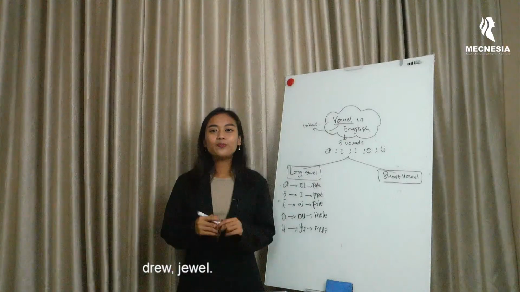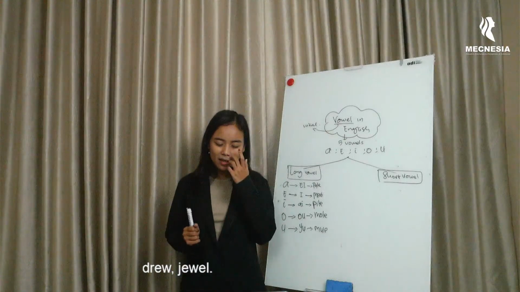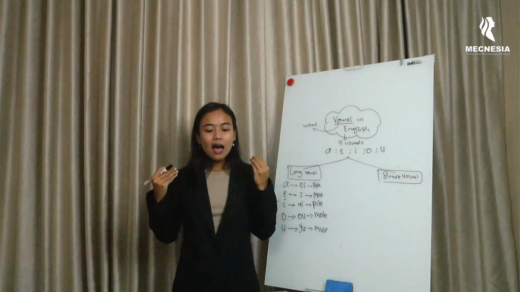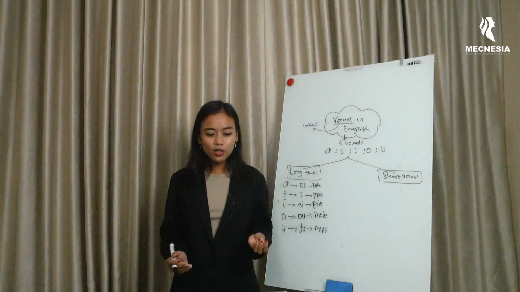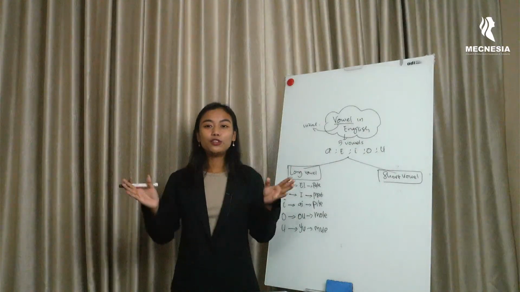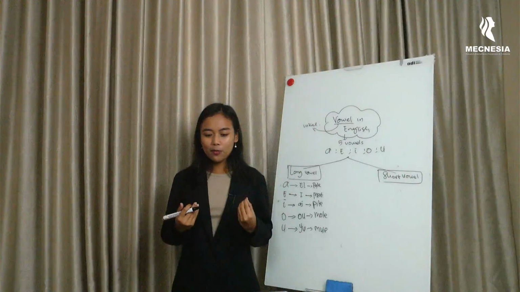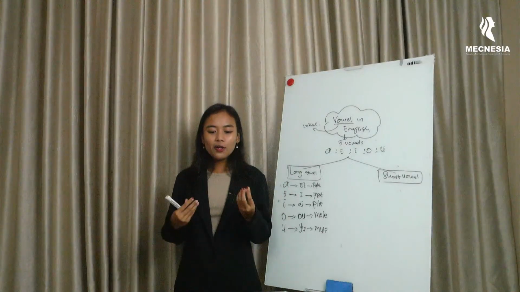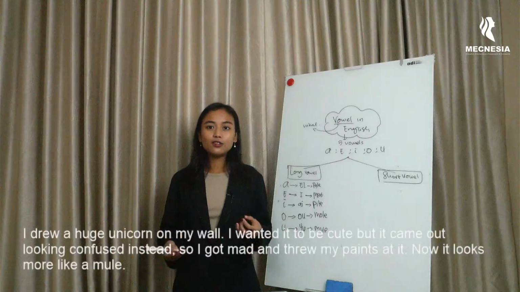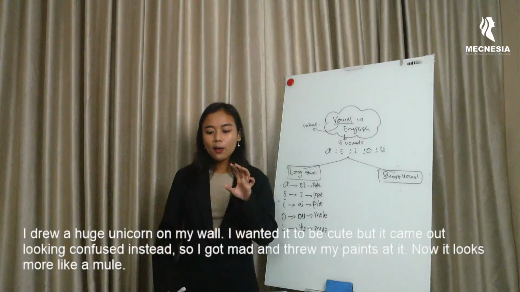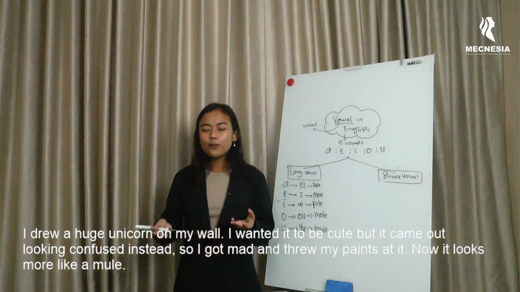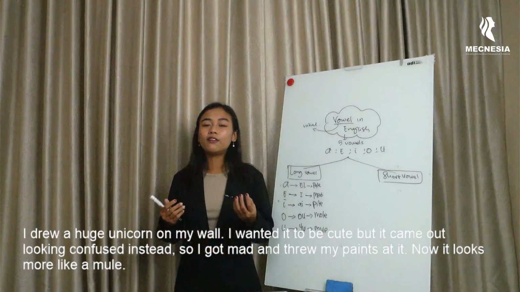Okay, now let's talk about the sentence. Sekarang mari kita lihat ke kalimatnya. Okay, here we have, I drew a huge unicorn on my wall. I wanted it to be cute, but it came out looking confused instead.